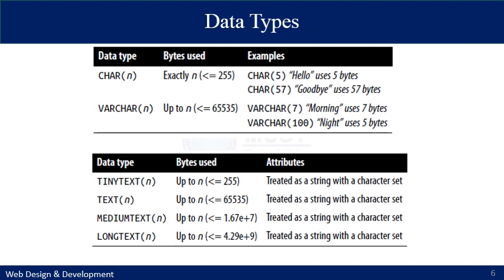Before creating a table, you should look at the number of data types available in MySQL server. I will provide you a brief outline of how many data types are available and how you can use them. The basic data type is referred to as char(n), which specifies exactly n characters, and n must be less than 255 in total.